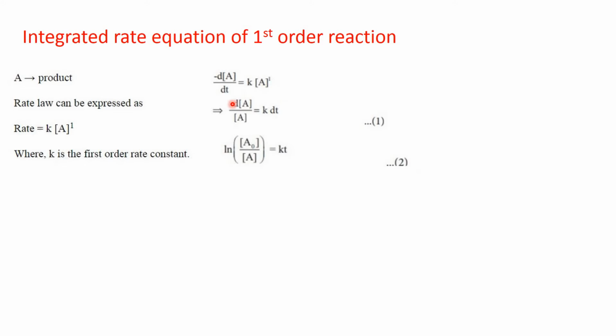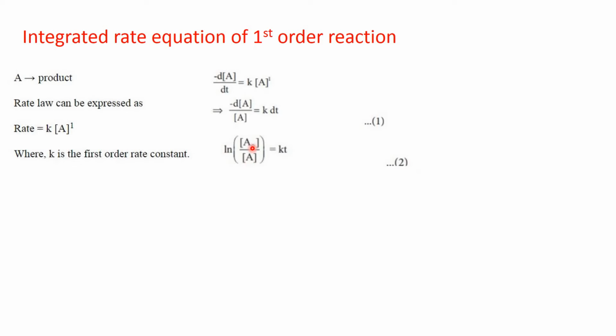Now, this is the differential rate equation, d[A]/dt equals k[A] to the power 1. If you integrate this equation, you will get this integrated rate law, which is ln of [A]0 divided by [A]. [A]0 means the initial concentration of the reactant, and [A] means the reactant left over after time t, where k is the rate constant and t is the time.